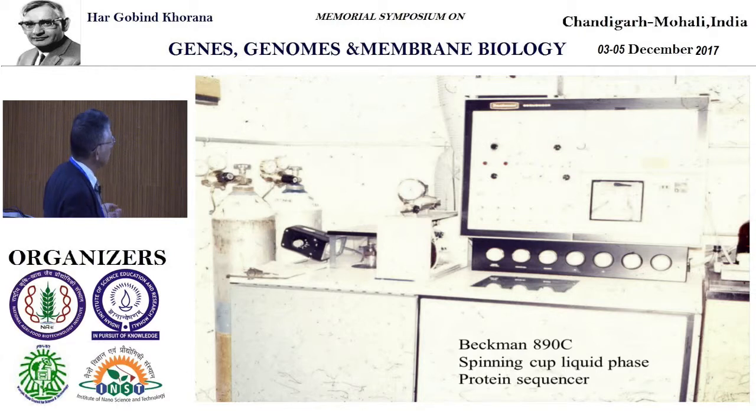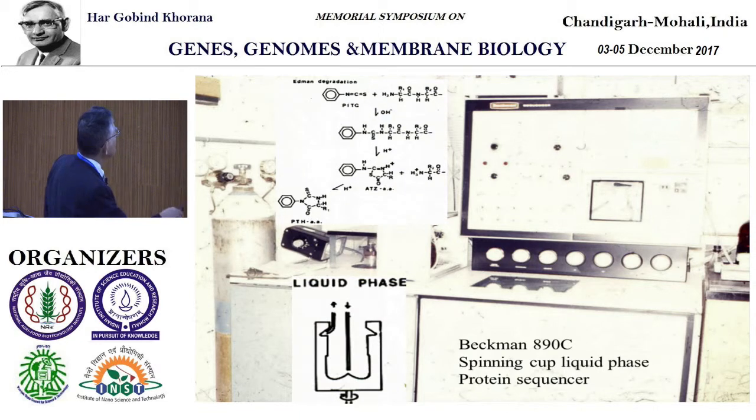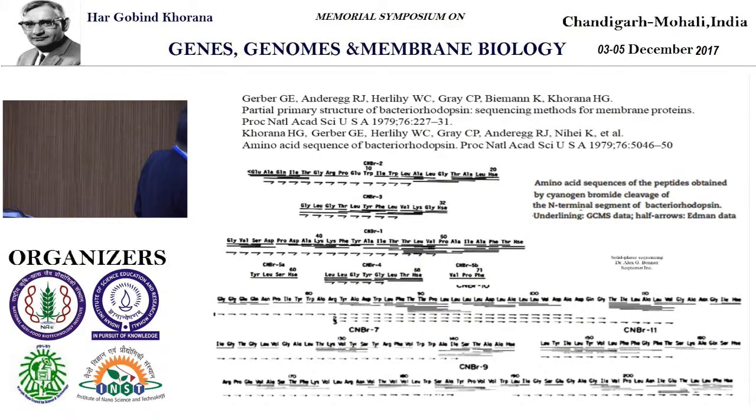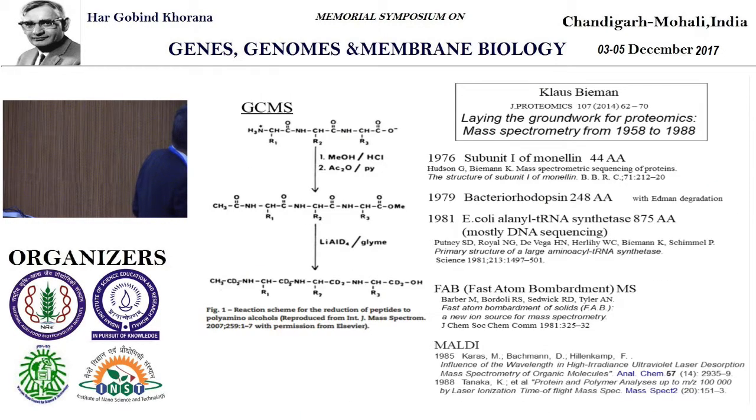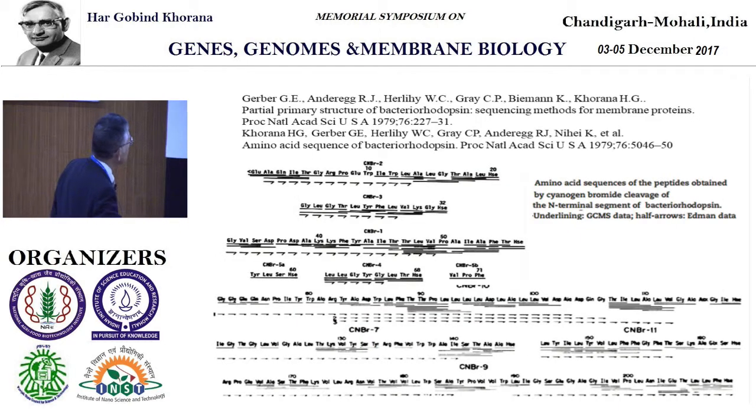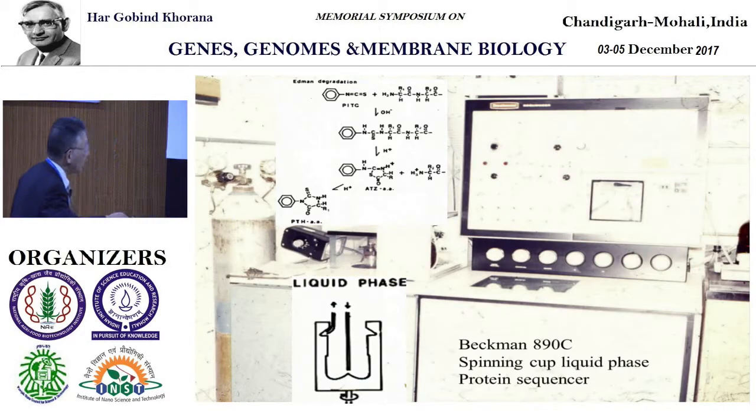Your picture, but this is the Beckman 890C spinning cup liquid phase protein sequencer that Gobin's laboratory had. If you look at this portion, there's a cup rotating, and an aqueous liquid film is formed here due to centrifugal forces.